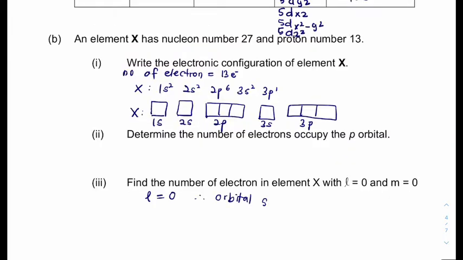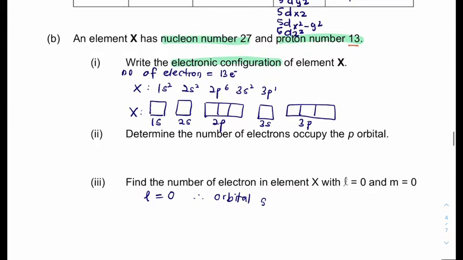Next, write the electronic configuration of element X that has nucleon number 27 and proton number 13. Okay, so bila dia suruh lukis ataupun write the electronic configuration berdasarkan number of electrons. So since that proton number is 13, you punya number of electron also will be 13 sebab dia adalah elemen.